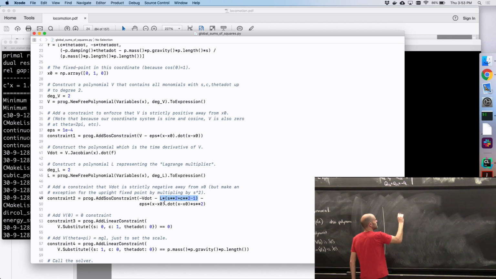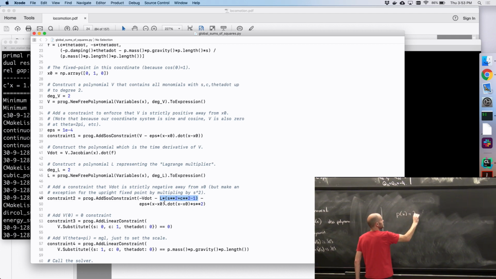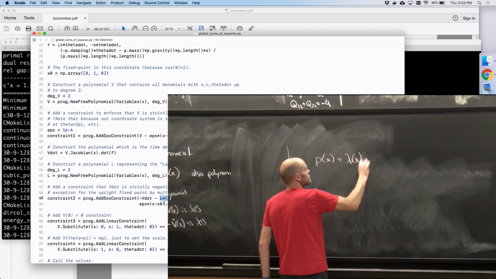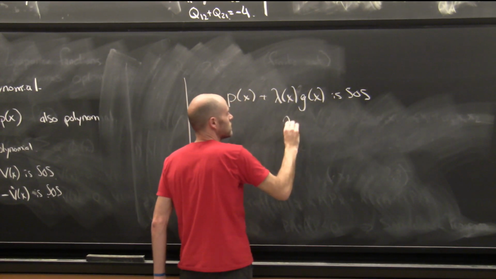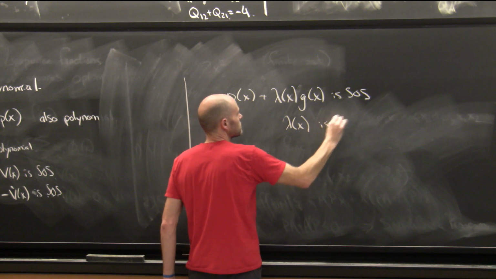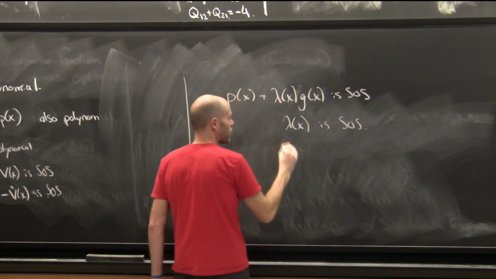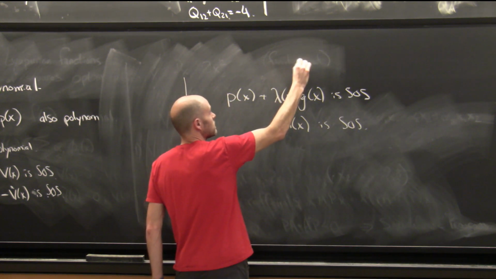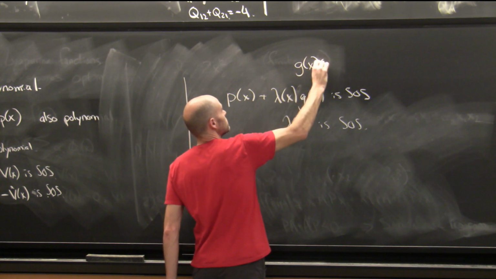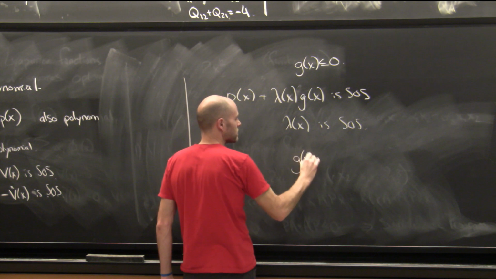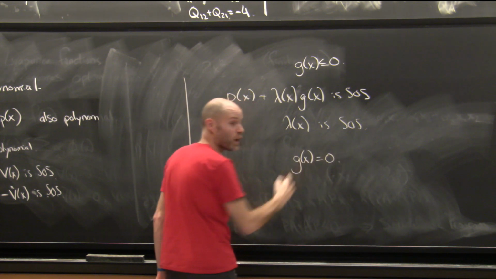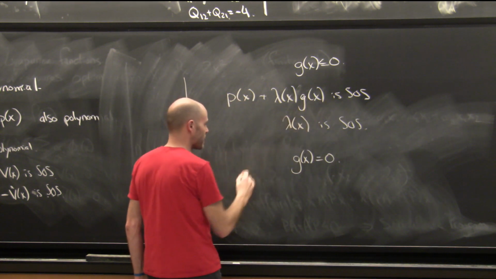Remember we said that p of x plus lambda of x, g of x is sums of squares, lambda of x is sums of squares. That's for the case where you want g of x to be less than or equal to 0. If you have g of x equal to 0, if you have an equality constraint, it's exactly the same trick.